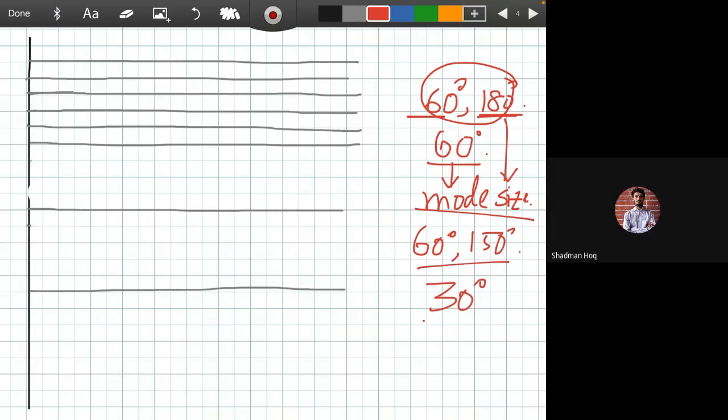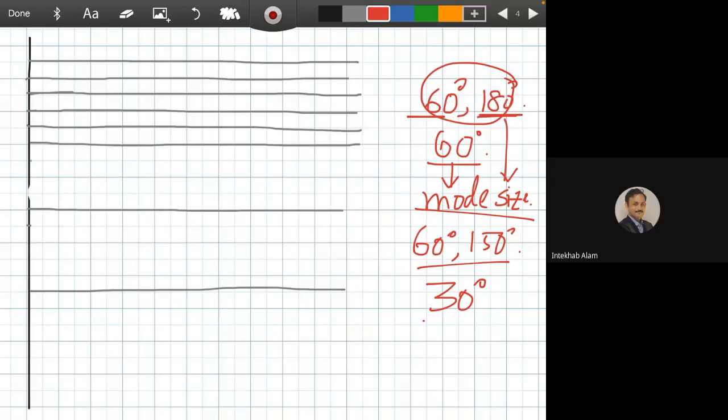Good. So for the first calculation, the mode size will be 60 degree. For the second calculation, the mode size will be 30 degree, and for the third calculation, the mode size will be 15 degree. So in the first case, we have mode size of 60 degree.